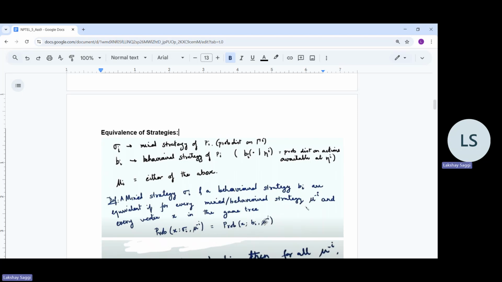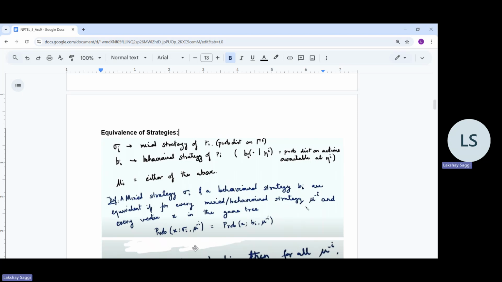And this mu minus I is just saying that every player apart from player I is playing the same strategies. The other players can play behavioral or mixed strategies or anything, but if for all players other than I the strategy remains the same, then whether I play sigma I or bi does not matter in my game tree.